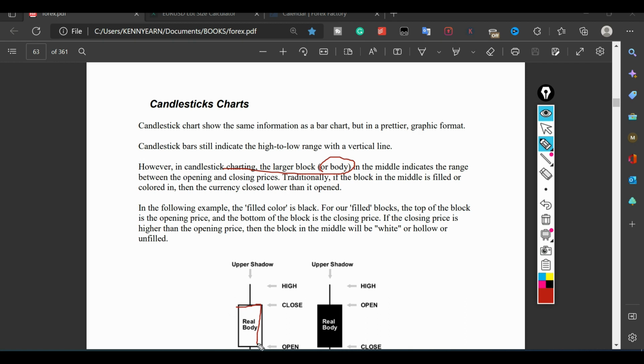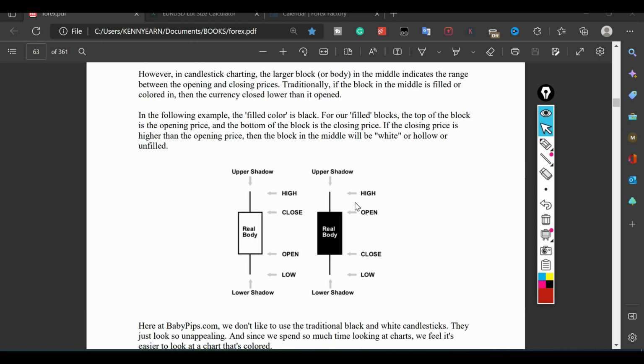A candlestick chart has a body, which signifies the direction of the candles. As we're looking at the markets, with the way the candles are looking, you can easily tell if this is a bullish candle or a bearish candle.